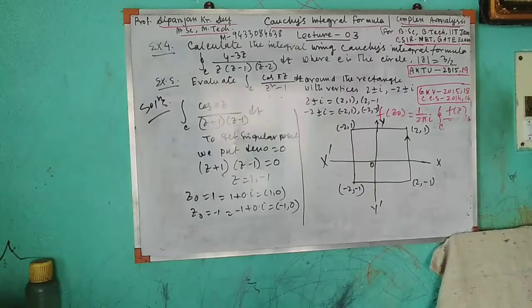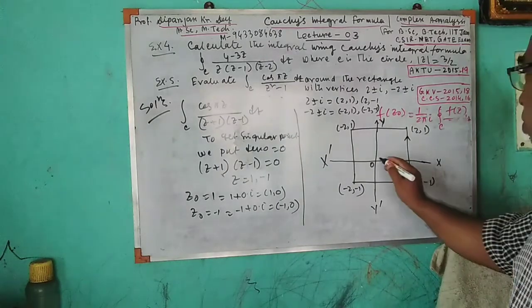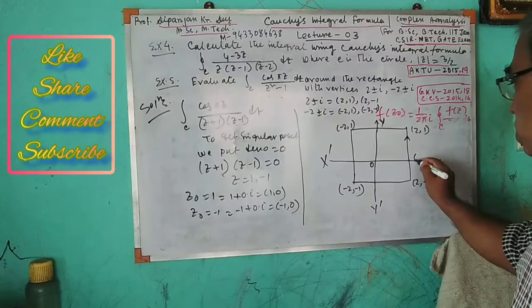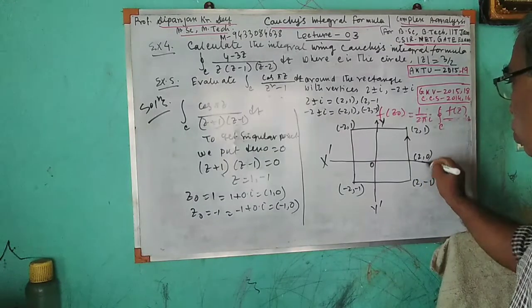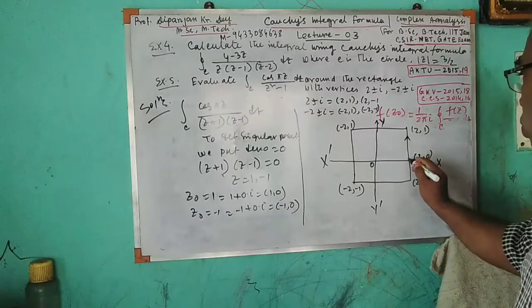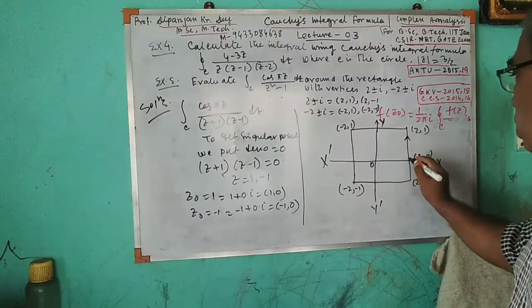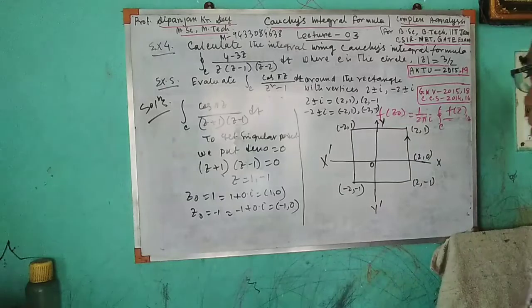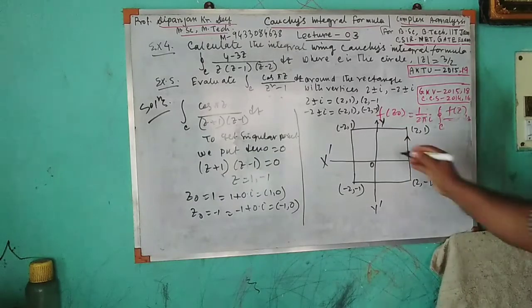Okay. So you see, from this point to this is 2. So this point is 2 comma 0. And this to this again 2. Here is 1, this is 1. So this is 2 and this is 1.